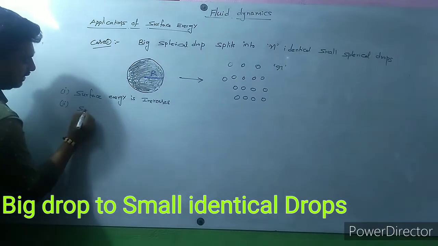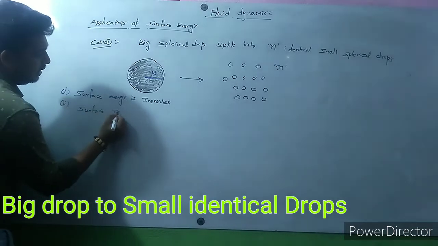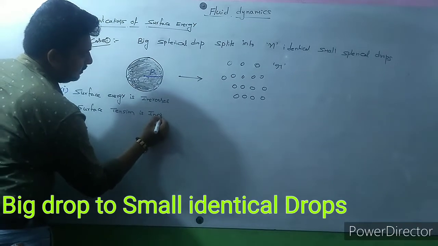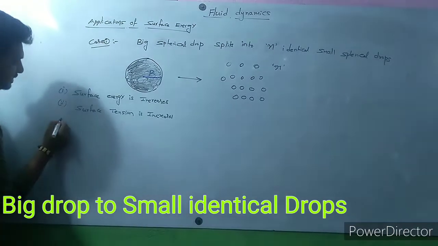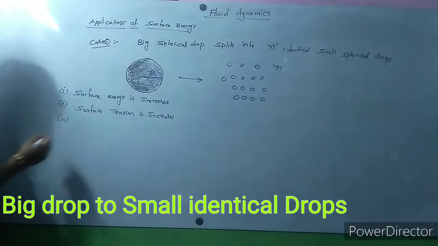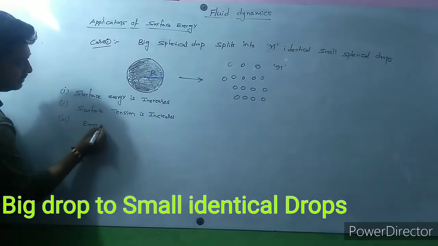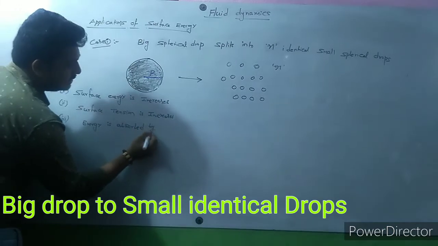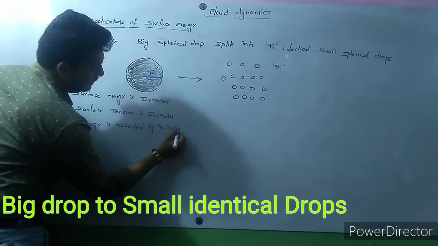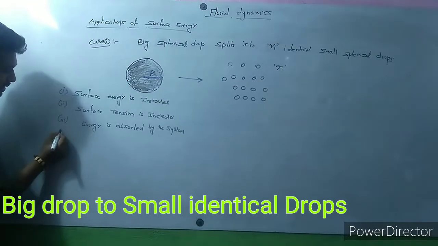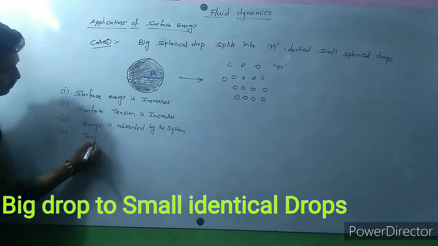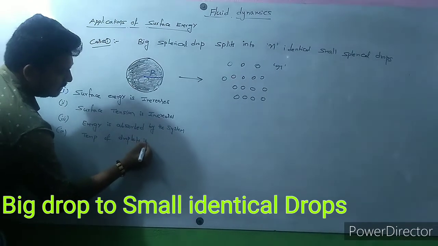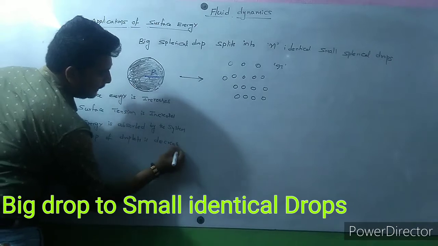Next, surface tension increases. Next, energy is absorbed by the system. Then the temperature of the droplets decreases.